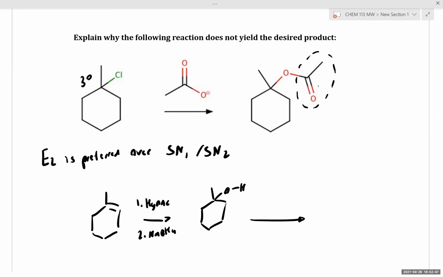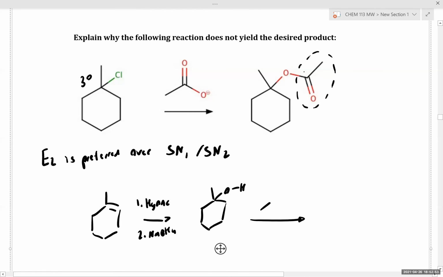What conditions? So how about base with an acyl chloride? What specific acyl chloride in this case? If we want to install an acetyl group, thionyl chloride is used to activate carboxylic acids, so it wouldn't work quite well in this case.